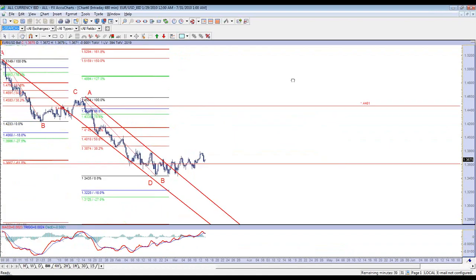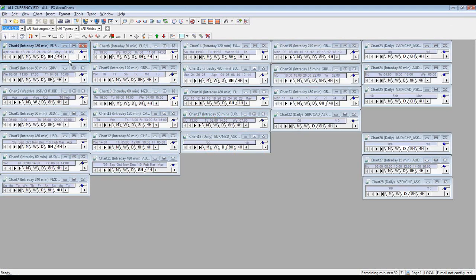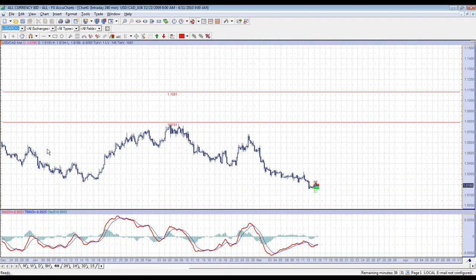Now, this is an example of the price moving in a channel. I will also show you one on, I think it was dollar yen.